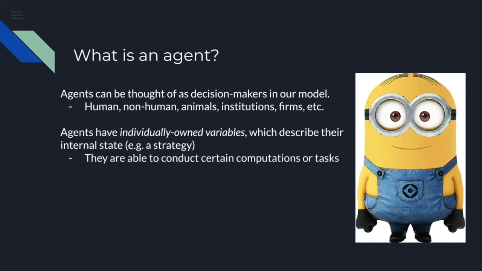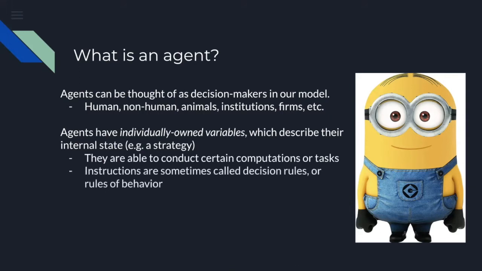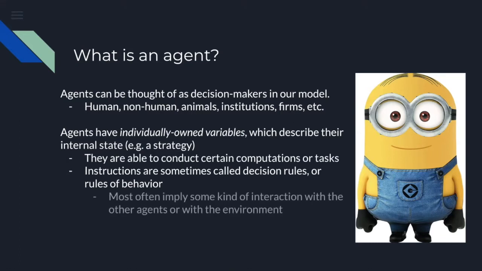They are also able to conduct certain computations or tasks. And then there are instructions, which are sometimes called decision rules or rules of behavior. And this reflects the idea of nonlinearity. The interaction in the model can affect how an agent acts, whether this interaction is with another agent or the environment itself.